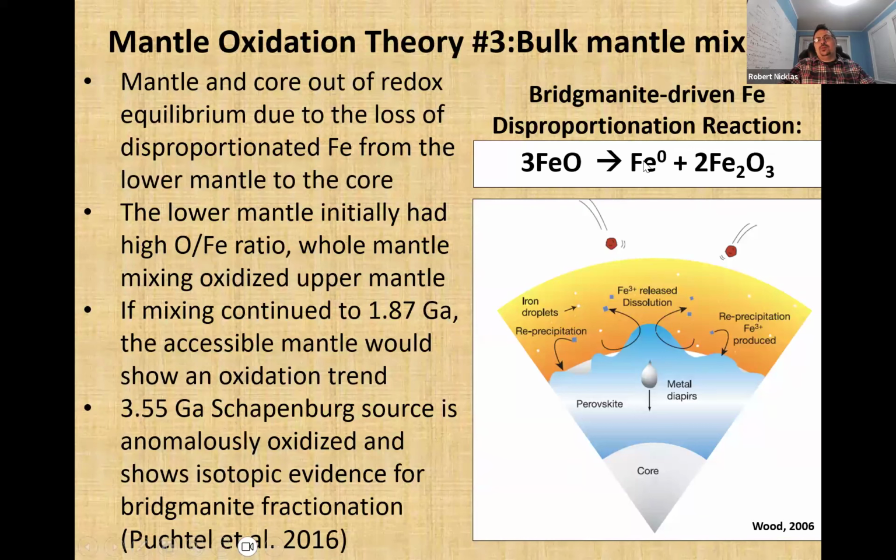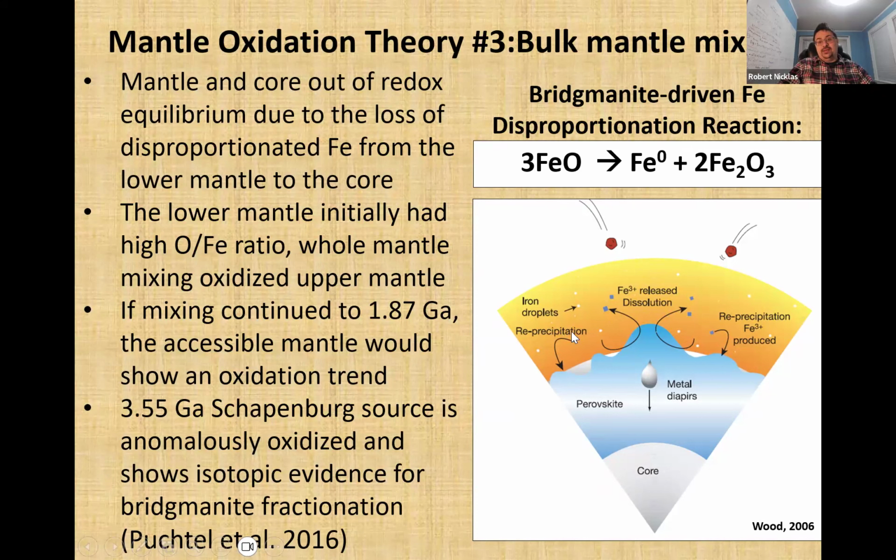However, if we were to lose 1 to 10% of this disproportionated metal to the core, then the mantle would become more oxidized. We would knock them out of redox equilibrium. Initially, right after core formation, right after this process, the lower mantle would have a higher oxygen-iron ratio, and therefore we would have to mix the lower and upper mantle.